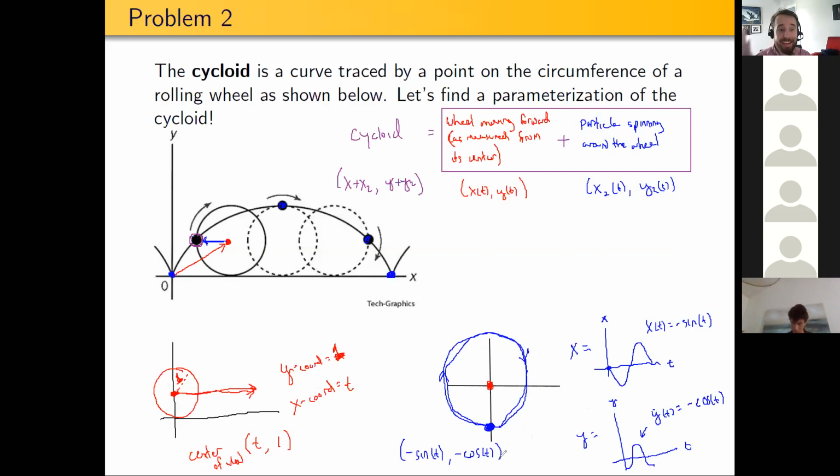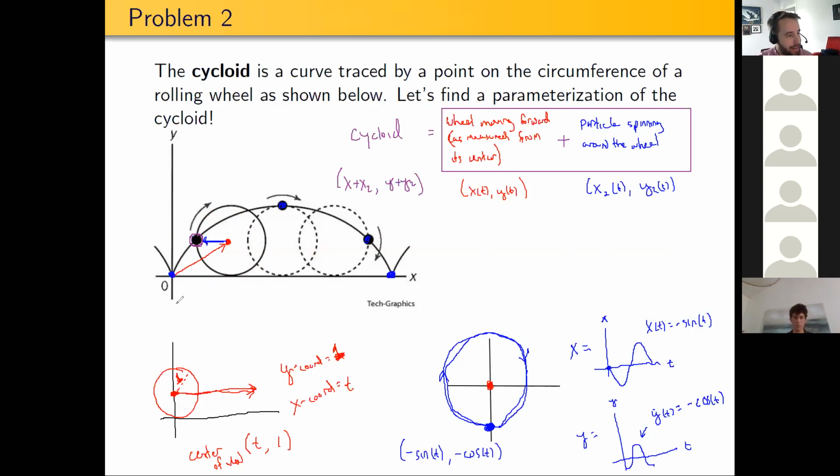All right, and then to get the cycloid, right? So to go back to our original picture, I now have these two components of the picture. I have the wheel moving forward, and I have the particle tracing around the wheel in this clockwise motion. And so the overall cycloid is what we get when we add those two together.